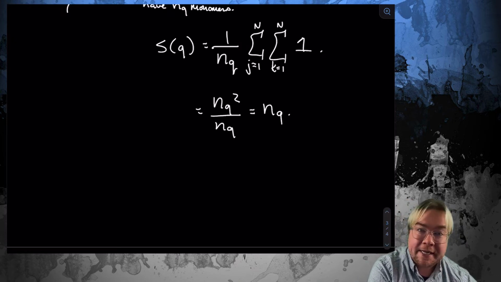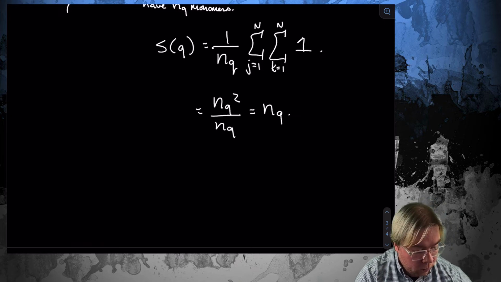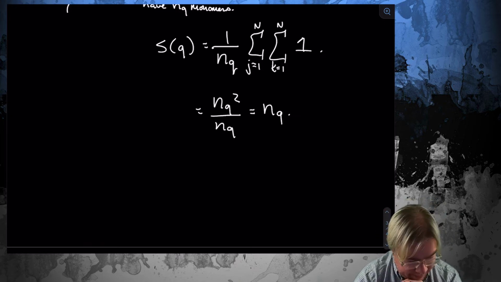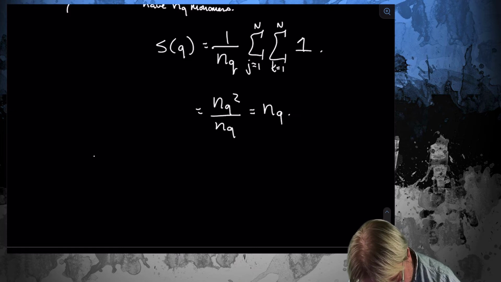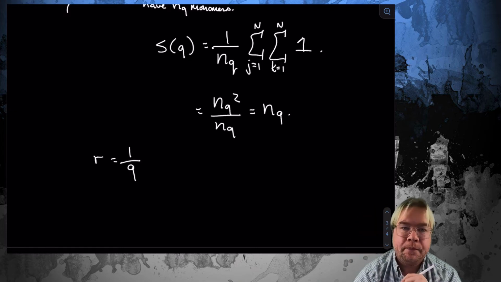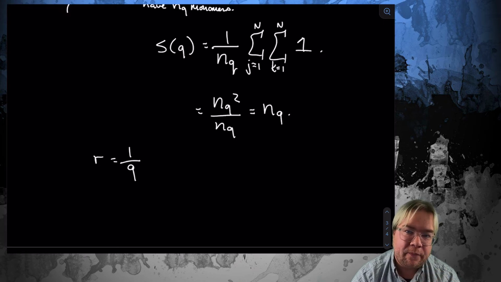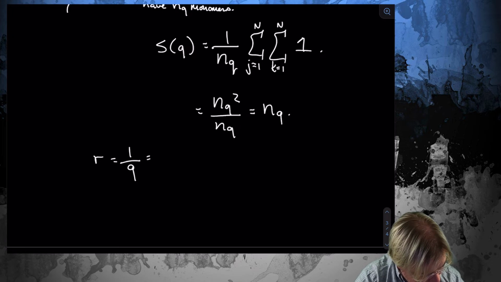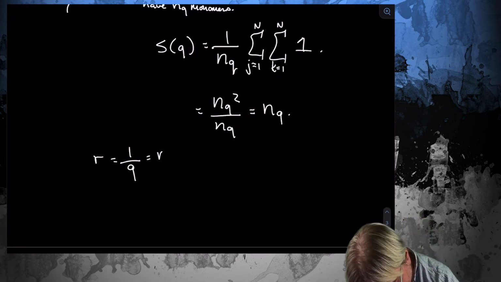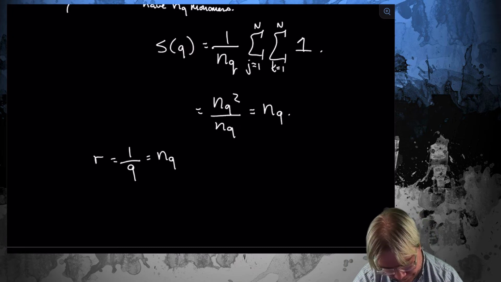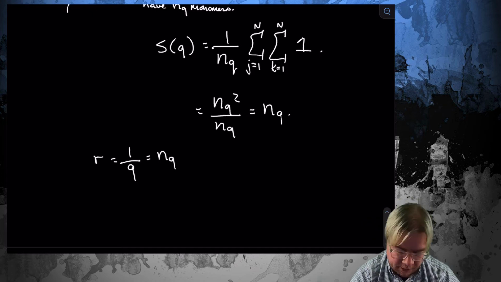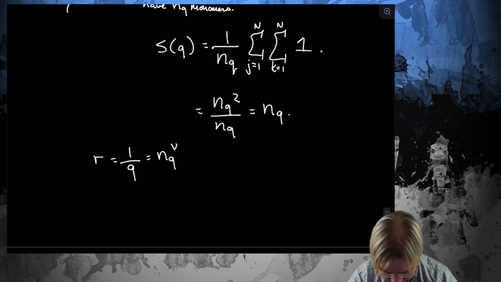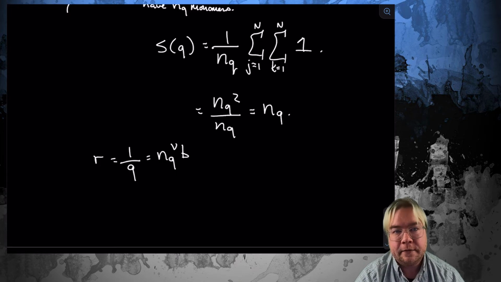So what is n sub q? Well, I don't know, but I know this. I know that the size of this region, R, which is equal to 1 over Q, is going to be related to the number of monomers in that region. It's going to be n sub Q in that region to the power nu, multiplied by the Kuhn length b. Well, that's useful, huh?